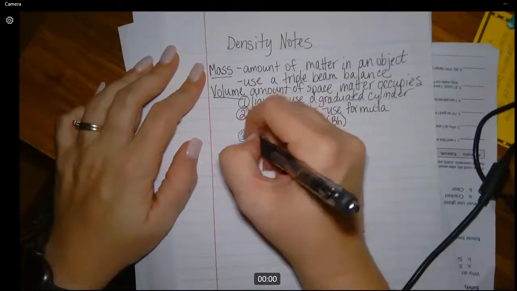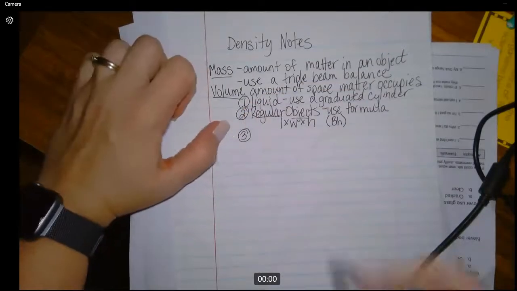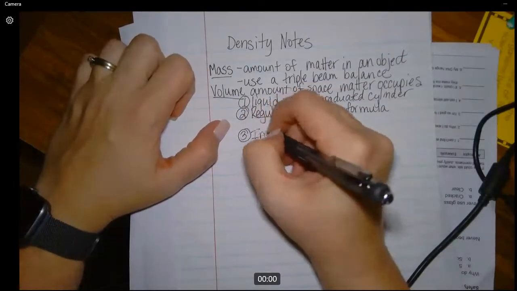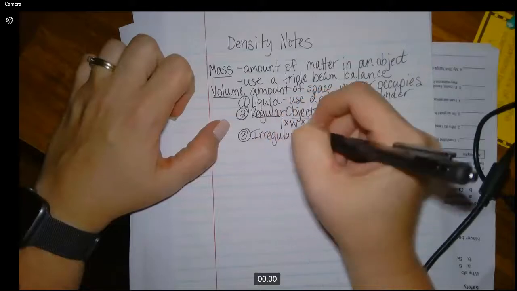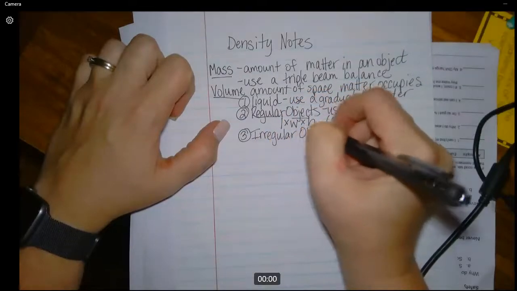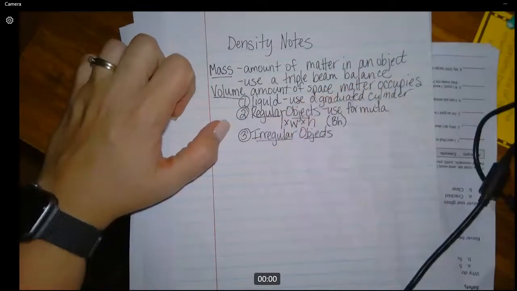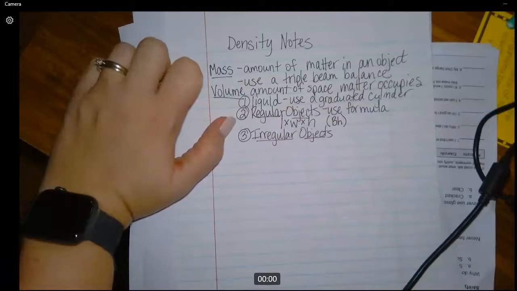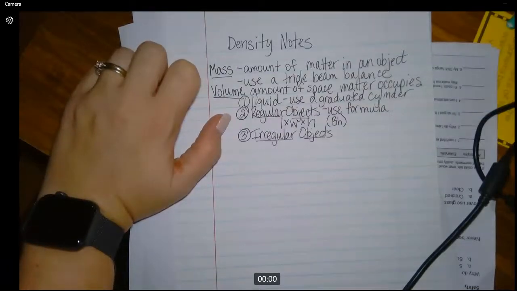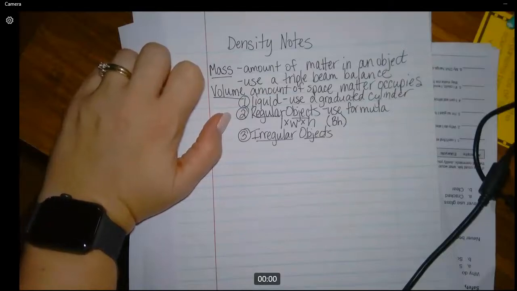The third thing that we're going to have to find the volume of is what we're going to call irregular objects. Irregular objects are things that you cannot find using a formula, such as a rock or a nail, something that has an odd shape that you don't have a formula for.